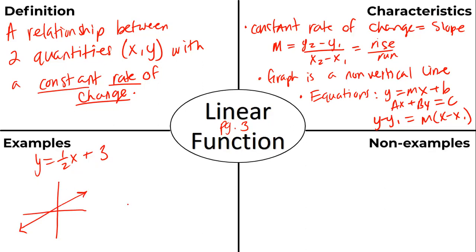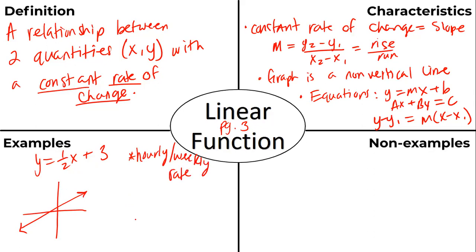Yeah, there's my graph. Beautiful. It's a non-vertical line. Did anyone do a word example? There you go. An hourly rate, right? Or job rate. So I'm going to write hourly or weekly rate, right? That's good.